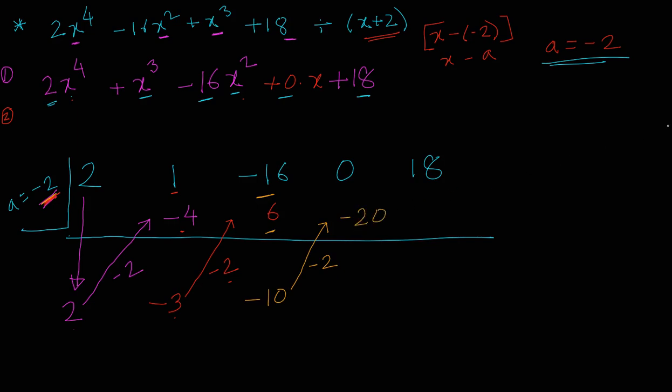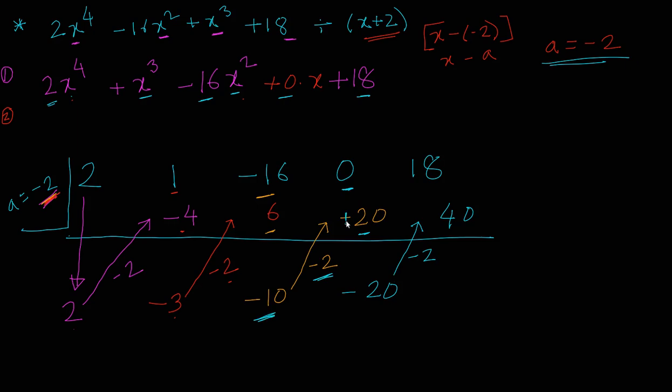No, sorry, negative 10 multiplied by negative 2 is actually positive 20.